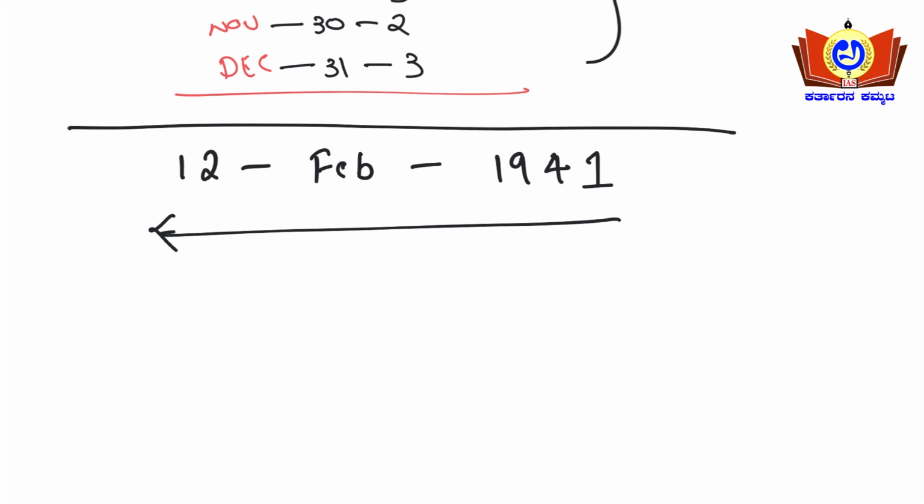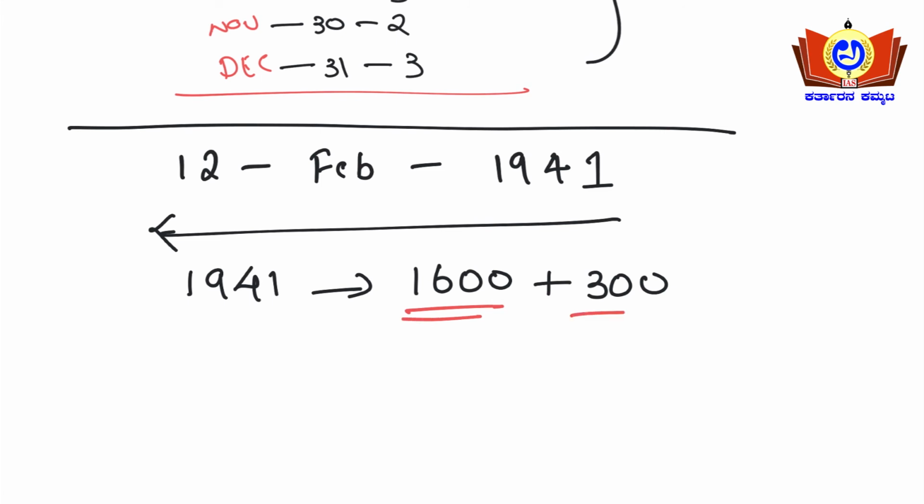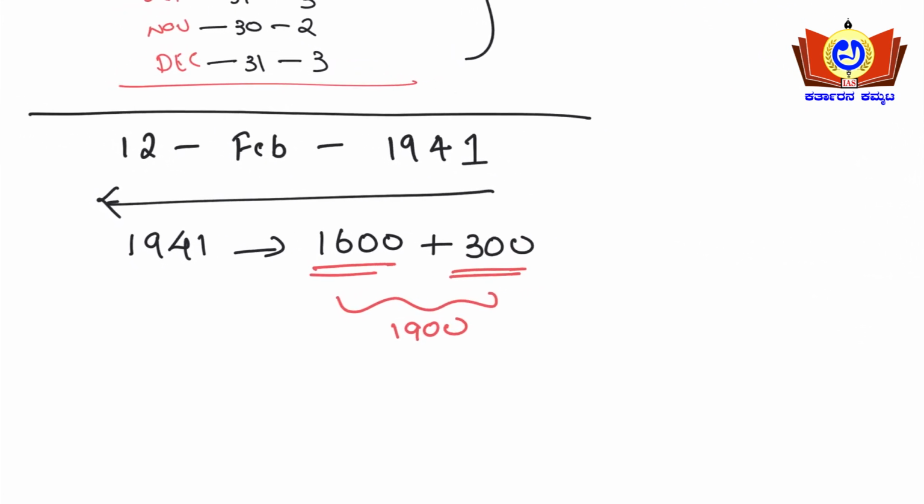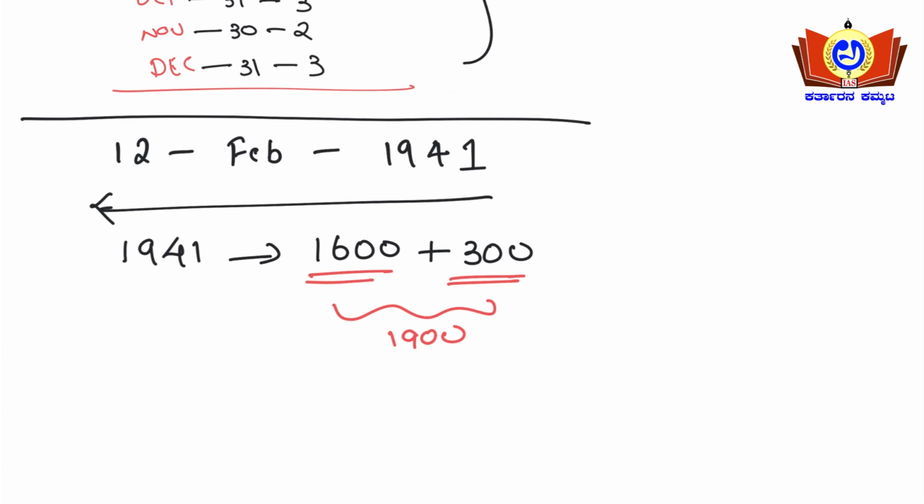So first I'll take 1941. So this can be split as 1600 plus 300 years, 1600 and 300 means 16, 17, 18, 19. So 1900 years we got here. Yes or no? And 1600 plus 300 is 1900 years. So 1941 is there, right?